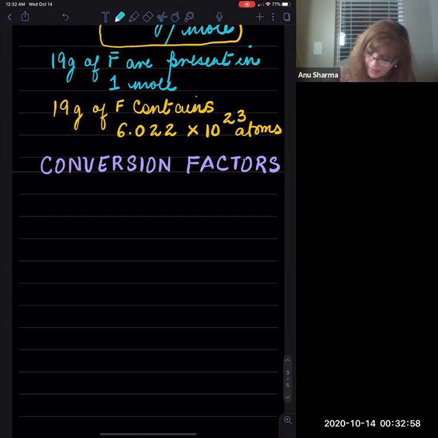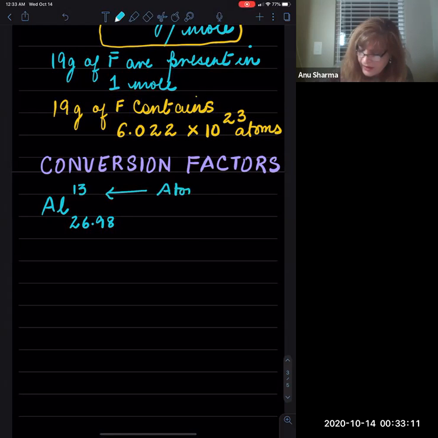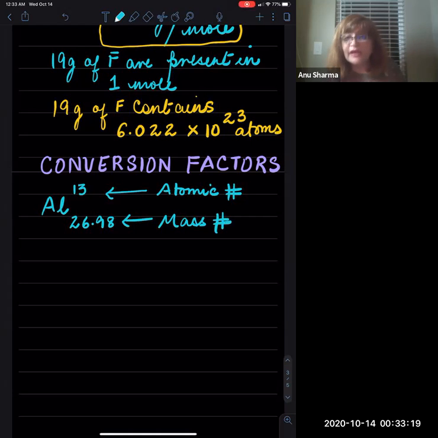Aluminum has 13 as the atomic number, and 26.98 is the mass number. So this is the atomic number, which you're not going to use, but you're going to use the mass number. And this mass number is the actual weight of this atom.